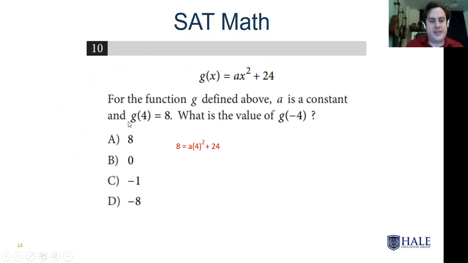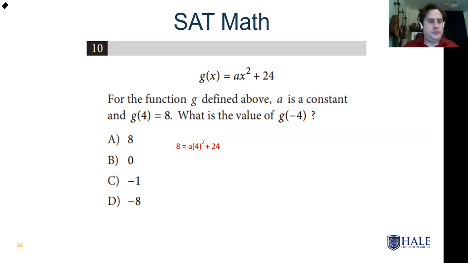I know that if I have g of 4 equals 8, that means that 8 is my g of x here. I'm going to plug that in here. 4 is my x value, so I'm going to plug that in there. So now we have to evaluate this equation.